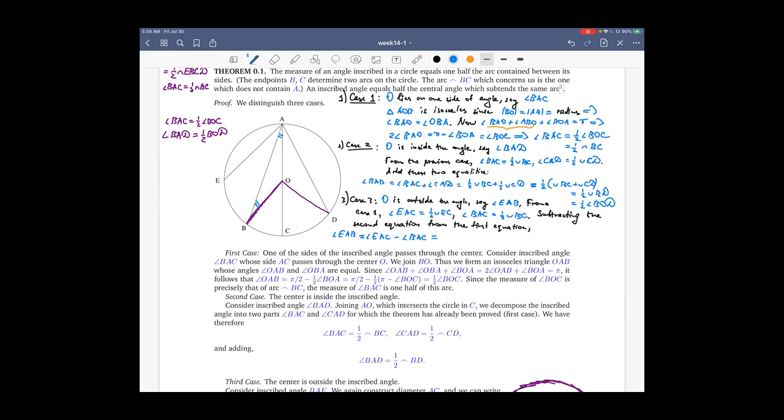On the other hand, on the right, we have 1/2 arc EC minus 1/2 arc BC equals 1/2 times arc EC minus arc BC, and of course arc EC minus arc BC is simply arc EB.